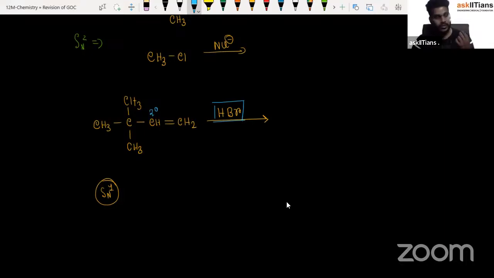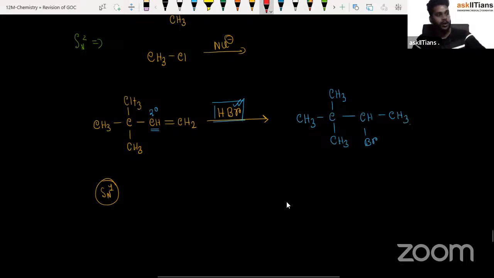According to the Markovnikov rule, the carbon having lesser number of hydrogen would get the bromine, right? So according to the Markovnikov rule, you are supposed to get this as a product, isn't it? Now, according to which rule, guys?